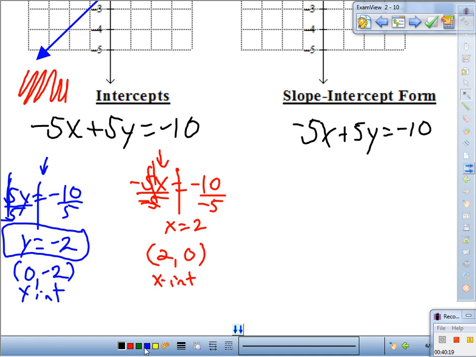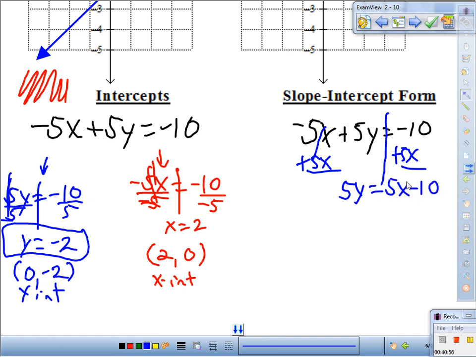No. Tell your neighbor what you need to do to make that in slope-intercept form. Oscar, what do you need to do? Plus 5x plus 5x. We get 5y equals 5x minus 10.